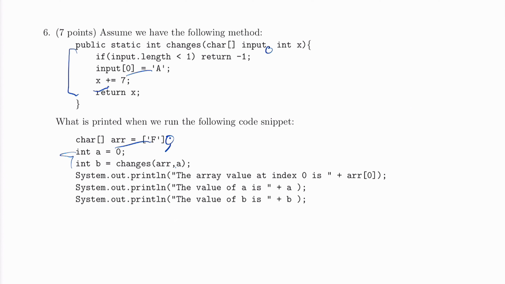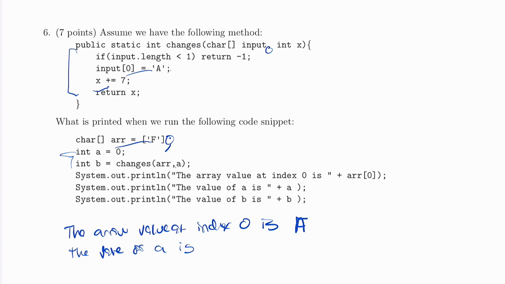So that means that the print here is going to be the array value at index 0. Again, because arrays are non-primitives, it's updating both copies. So that changes your f to an a, right? But because integers are primitives, the next line, the value of a is still 0.